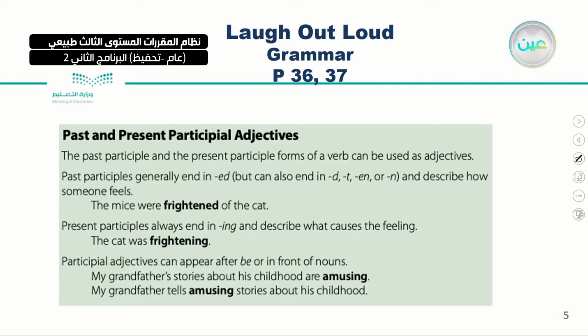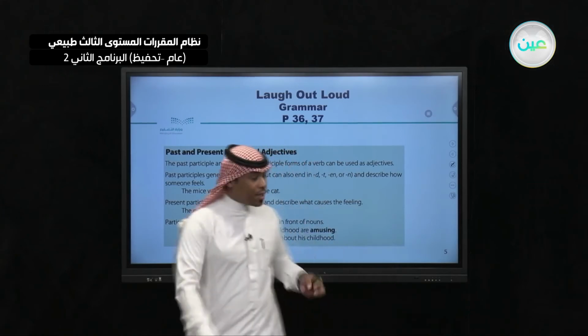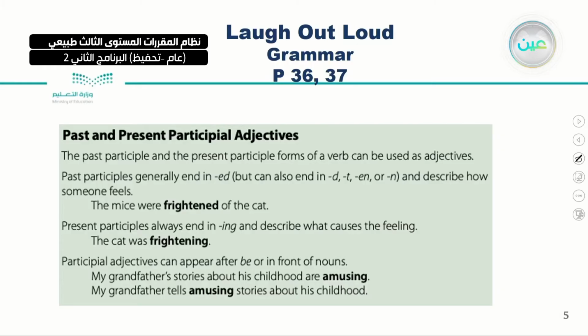The past participle and the present participle forms of a verb can be used as an adjective, just like what we did. Excited is a form of a verb, or exciting even. Any form of a verb can be used as an adjective, and this is so important to know. Let's start with the past.